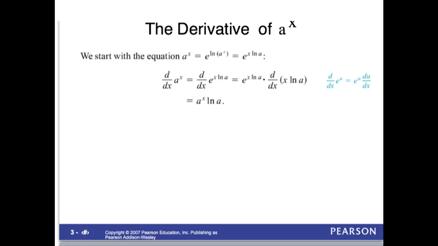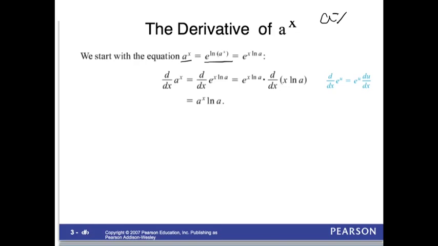Now we're going to calculate the derivative of a to the x. Since the base is not e, it's not simply a to the x. But what we have to do to show this is that we need to write a to the x is equal to e to the ln of a to the x. Let's make this a little clearer.